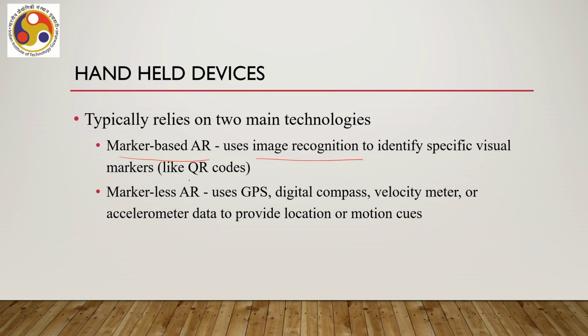Examples of such markers are QR codes or other fiducial markers. We also can have markerless AR. Again, just to recap, these use different sensors such as GPS or computer vision techniques to detect objects in the real world and then augment content in the real world view digitally.